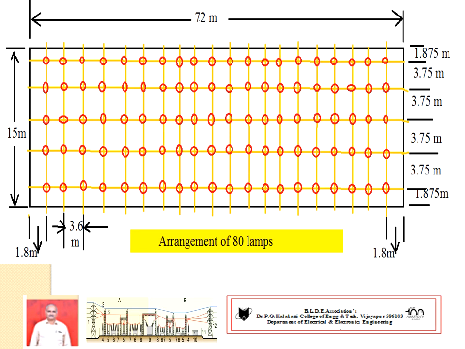At the edge, between the wall and the first or last lamp, it is half, 1.8 meter. Getting the idea? In similar fashion, widthwise 15 meter is there. Spacing between the lamps is 3.75 meters. At the edge only half of this.